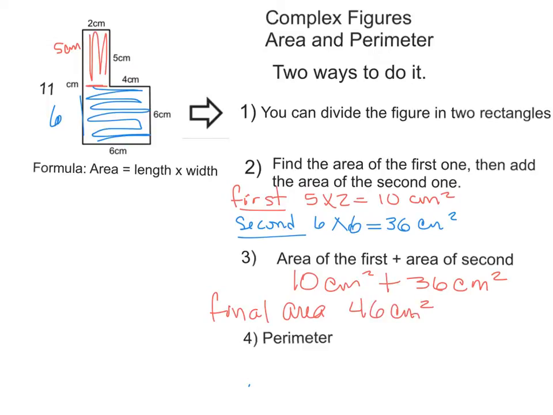Now, to find the perimeter, we have to add the sides. And to add the sides, I need the addition.